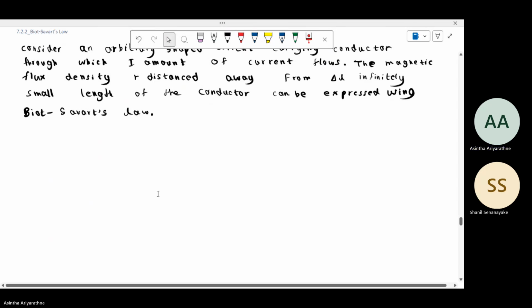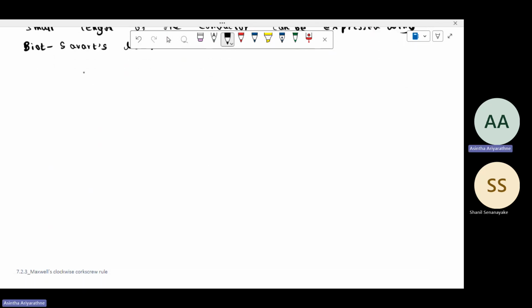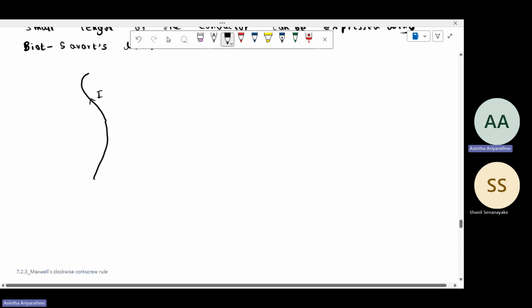So let's consider an arbitrary shaped conductor through which I amount of current flows. Let's say this is the small delta L element that we are focusing on.